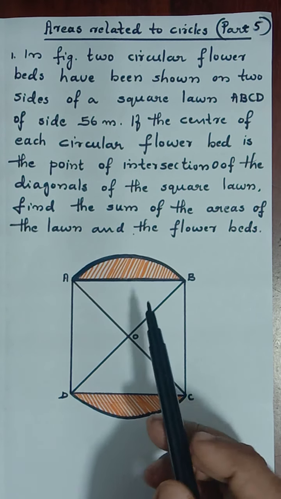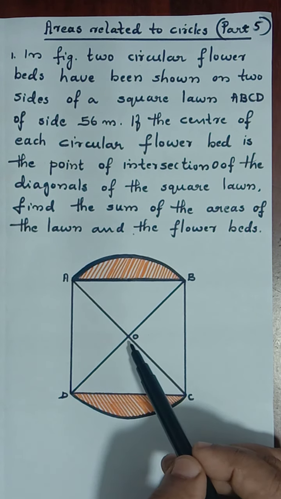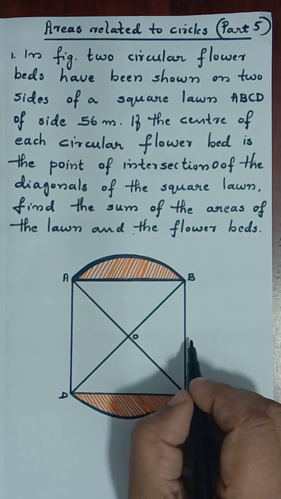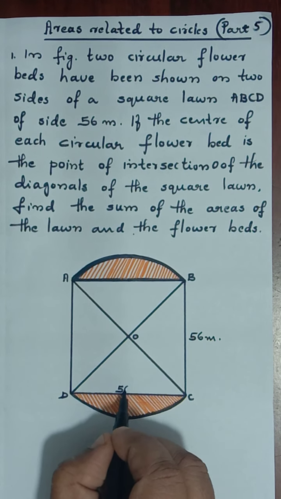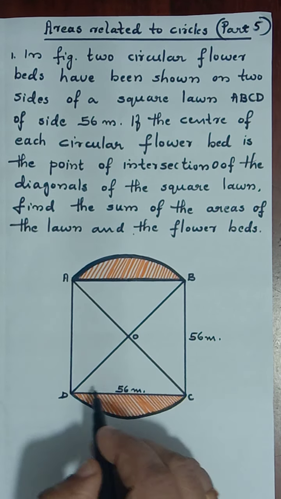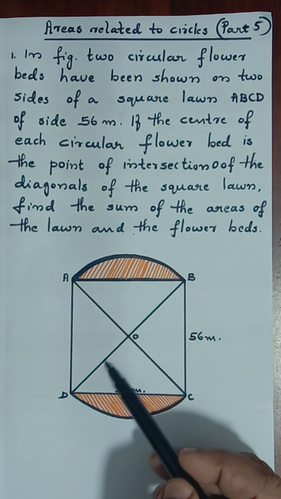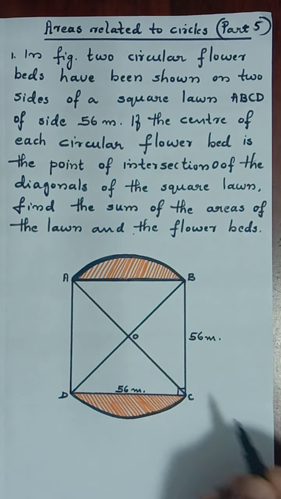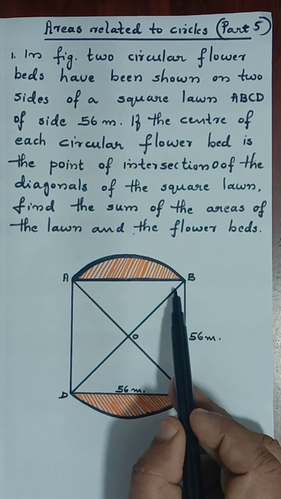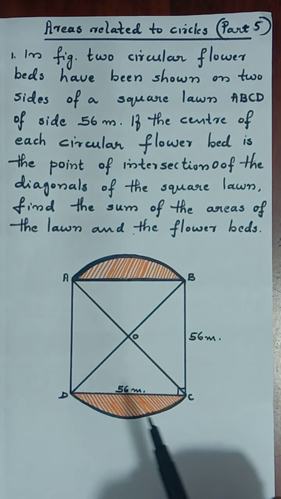For that, first we have to know the length OB or OA. Here it is given that 56 meter is the side. Therefore each and every side of the square is 56 meter long. So here we have to find the length of the diagonal. We know that each corner or vertex is a 90-degree angle, so angle A equals B equals C equals D equals 90.